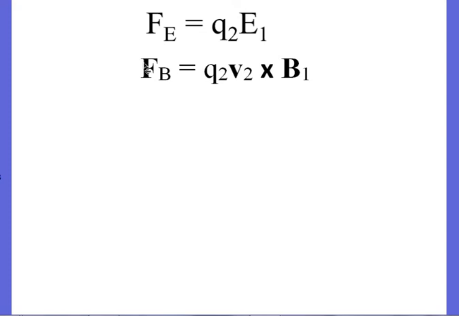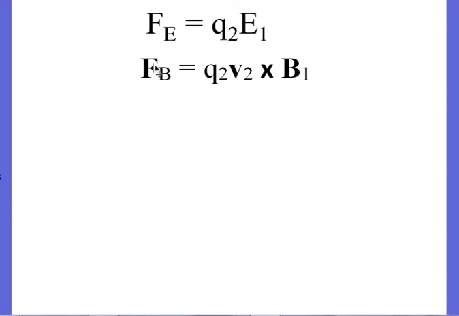Similarly, if the charge is 0, then you don't have any current. There would be no force. If the velocity is 0, you have a charge but it's not moving, there will be no force. But that force, when you get it, is going to produce an acceleration which will change this velocity.